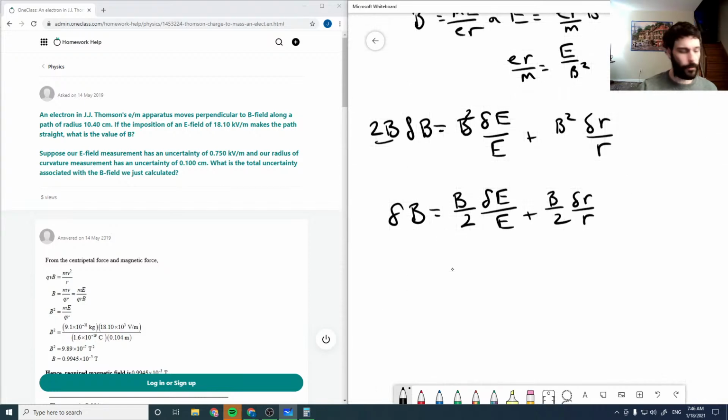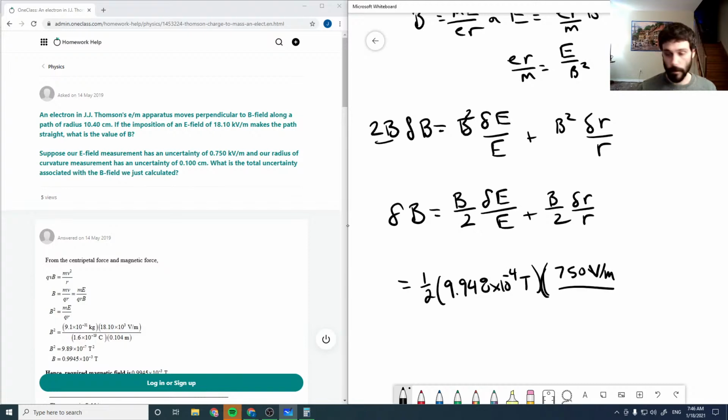And so then we have our B field, which is just, so 1/2. Our B field was calculated as 9.948 times 10 to the minus 4 Tesla. Our error in our E field is given as just 750 volts per meter, so it's 0.750 kilovolts, but I just converted it over, over 18.10 times 10 to the 3 volts per meter.